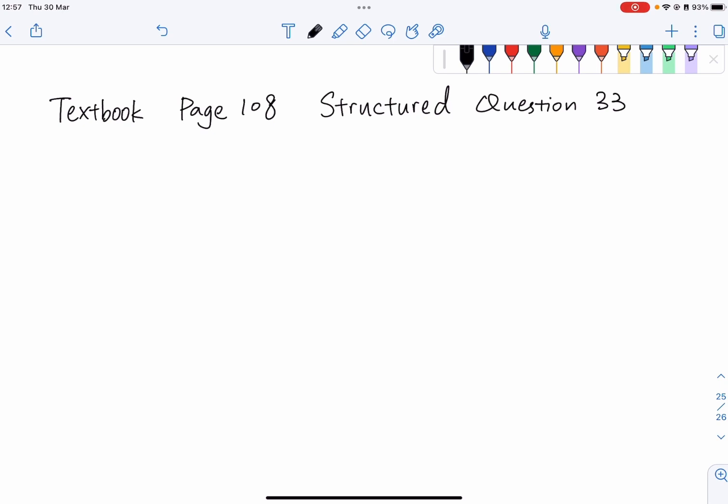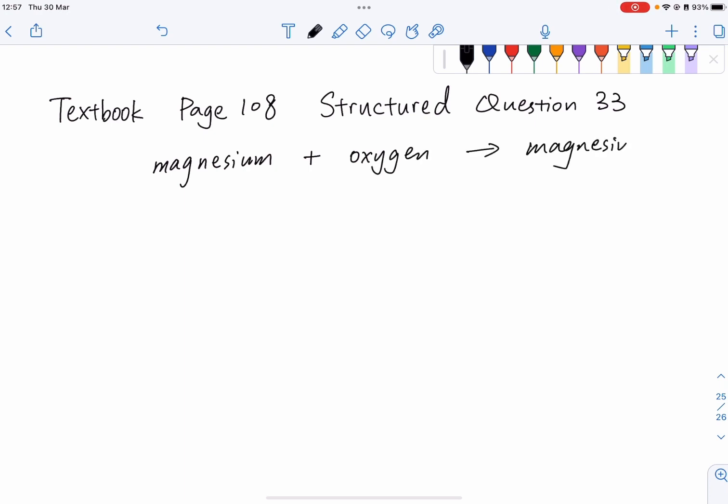The following results are obtained. The mass of magnesium ribbon reacted. Let me write the formula first. It will be magnesium plus oxygen then forms magnesium oxide, right? Remember, we are heating magnesium in there.